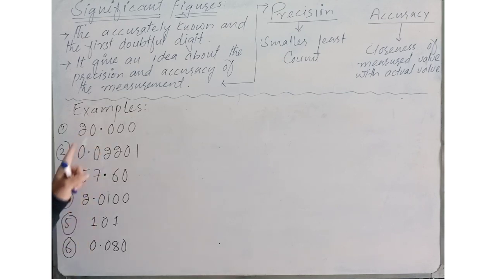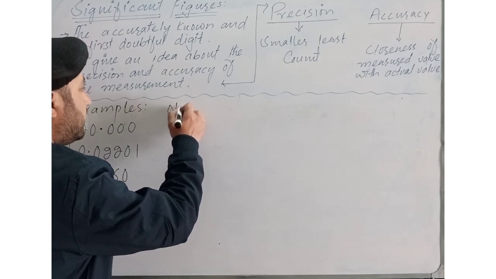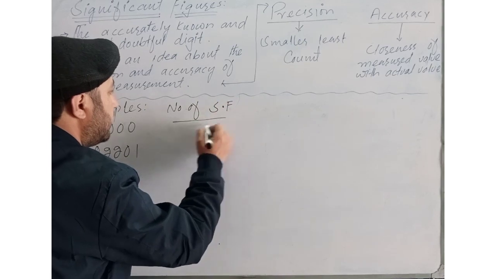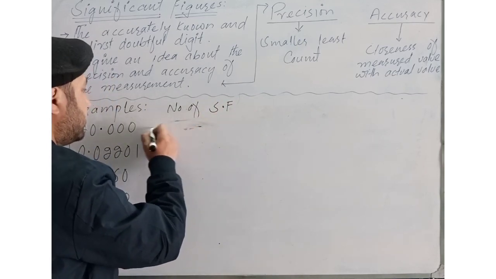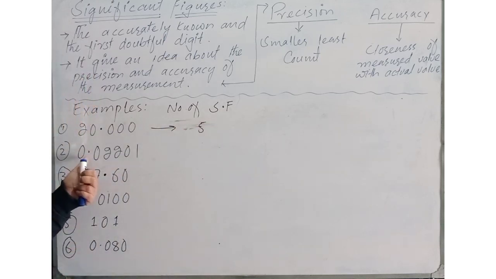So how many significant figures will be here? In this case we are having 5 significant figures.